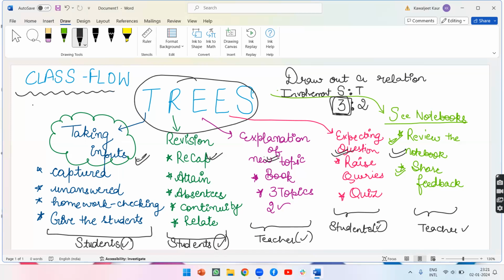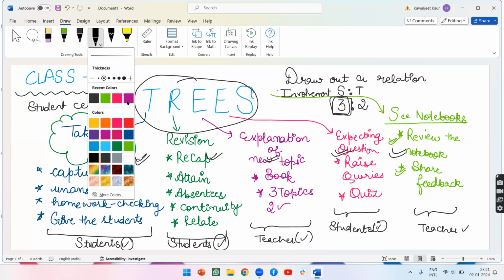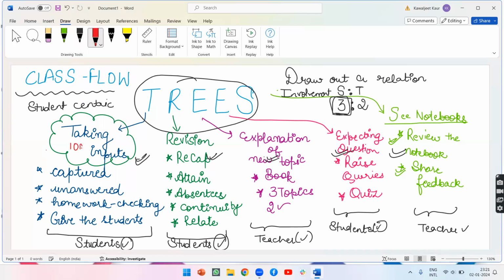In this, you can devote about 10 minutes to taking the input, 10 minutes to revision or recap, 20 minutes to explanation of a new topic, 5 minutes to expecting and raising questions, and 5 minutes to seeing notebooks.